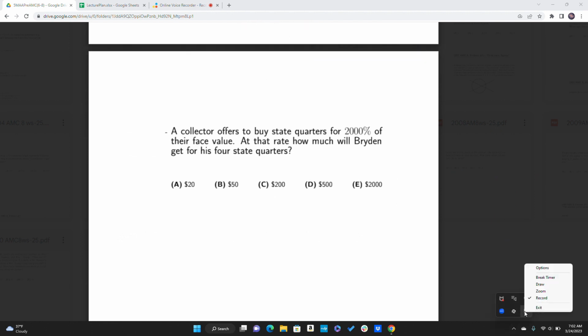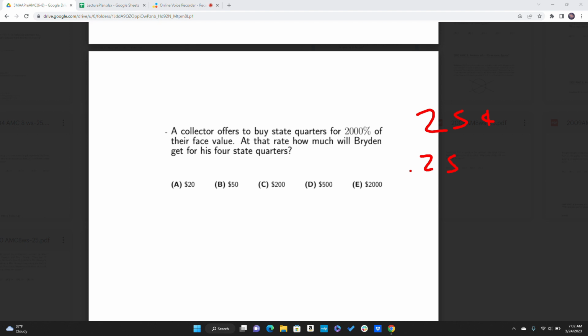Collectors are offering to buy state quarters for 2,000% of their face value. So how much is a quarter worth? Don't forget, a quarter is 25 cents or $0.25. Okay, at that rate, how much will Brighton get for his 4 state quarters? Okay, so if 100% is 25 cents, how much is 2,000%?